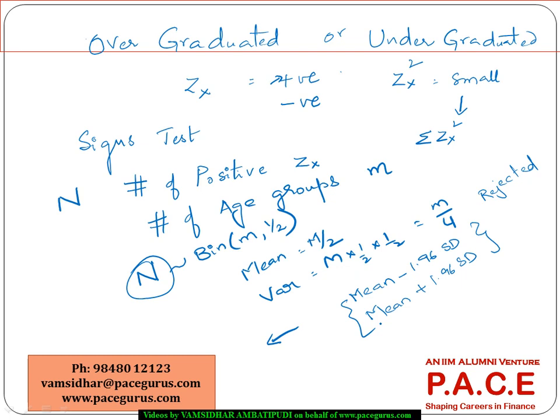Otherwise, I can purely restrict myself to the binomial distribution itself. I can very well go with the binomial distribution, wherein I want to find out based on the positives that are there.